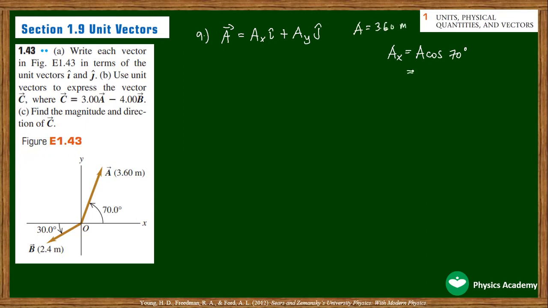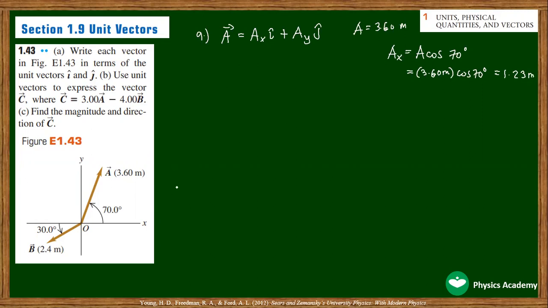So it implies that Ax is 3.60 meters cosine of 70 degrees, which is 1.23 meters.